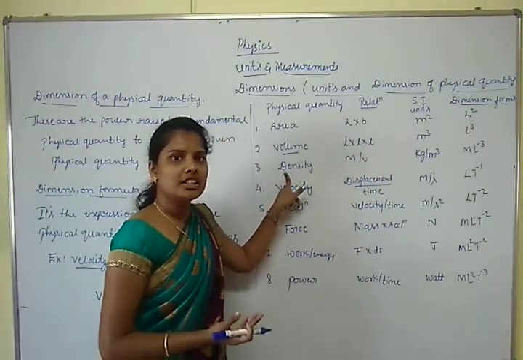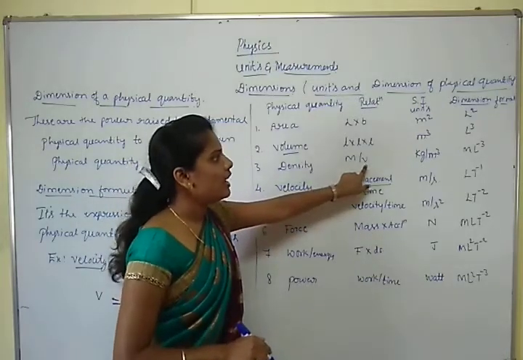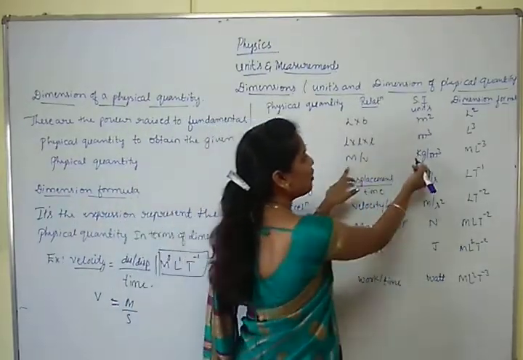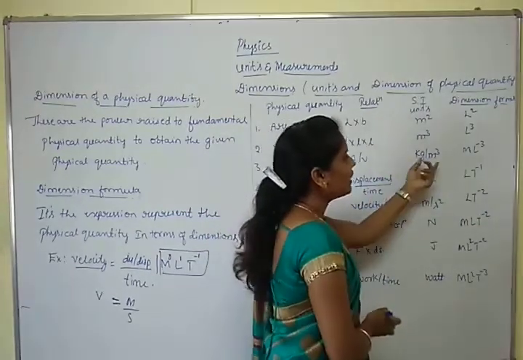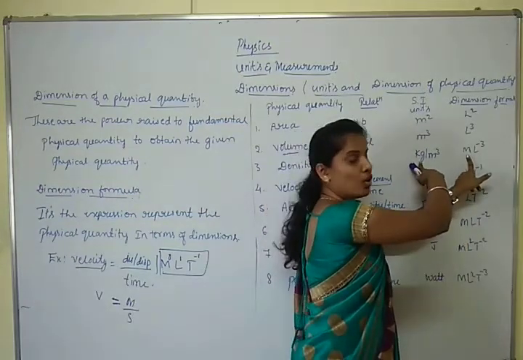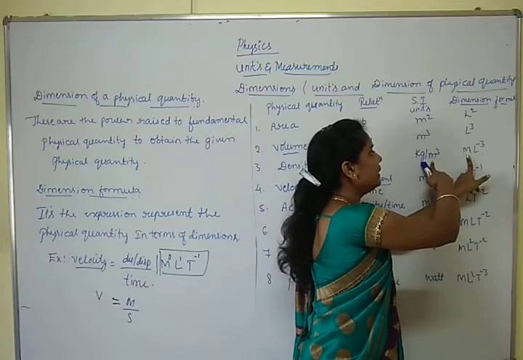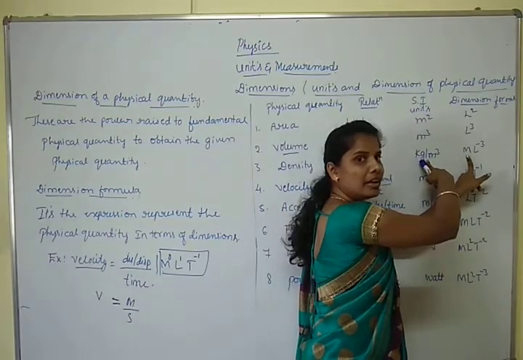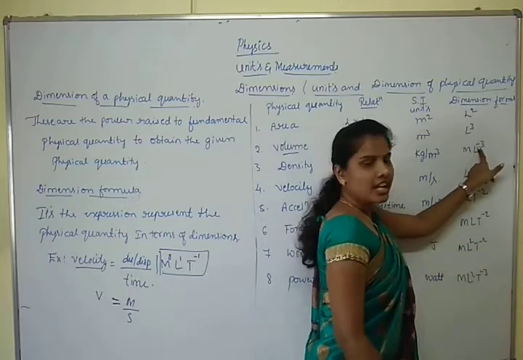The next one is density. What do you mean by density? Density is defined as mass by volume. The unit of mass is kg and volume is meter cube. Kg comes under mass, and meter cube is in the denominator, so it carries a negative power.